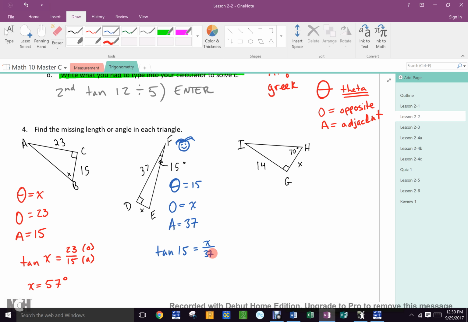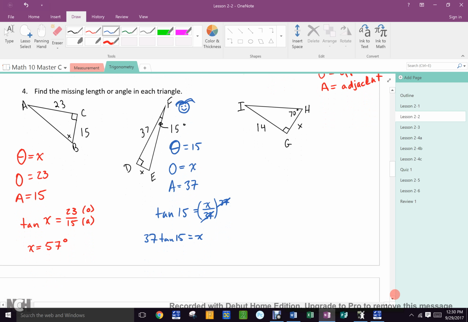Yes, it does. So I'm going to multiply this side by 37, which allows me to do what? Cancel, cancel. Yes? Now x is by itself. Awesome. But if I multiply the right side by 37, what must I do to the left? The same thing. So the left side becomes 37 tan 15 equals x.